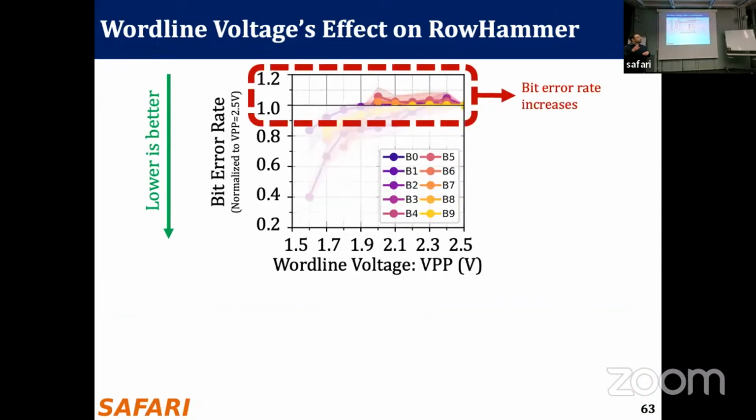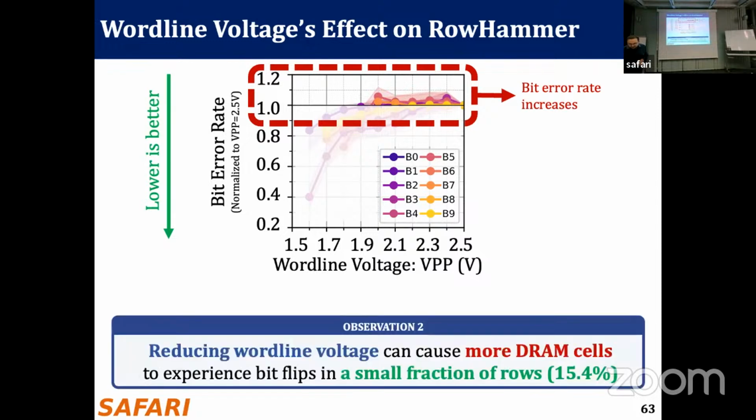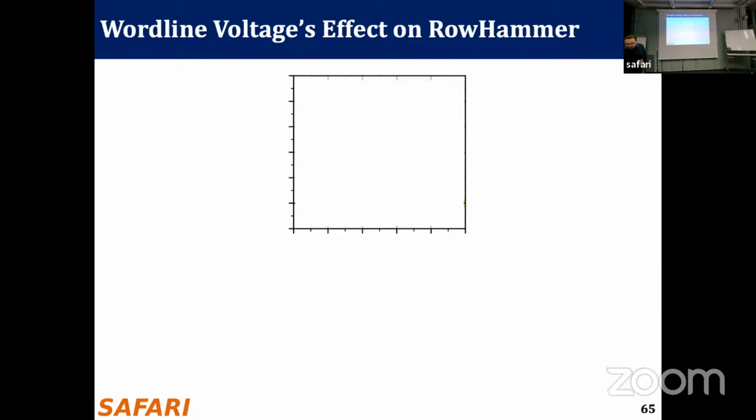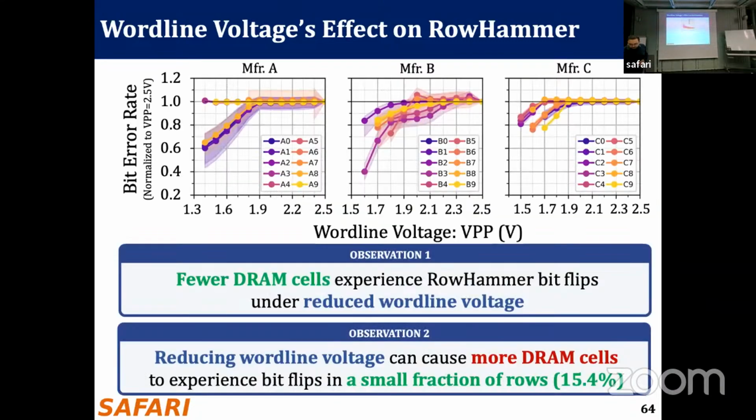There are also some corner cases where bit error rate increases as voltage reduces. So reducing wordline voltage can cause more DRAM cells to experience bit flips in a small fraction of DRAM rows. And when we look at these two observations across 3 manufacturers, we observe the same behavior in all of them.